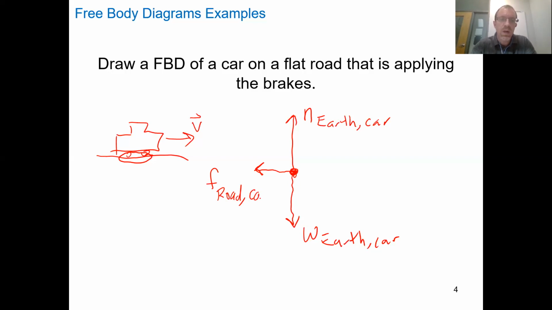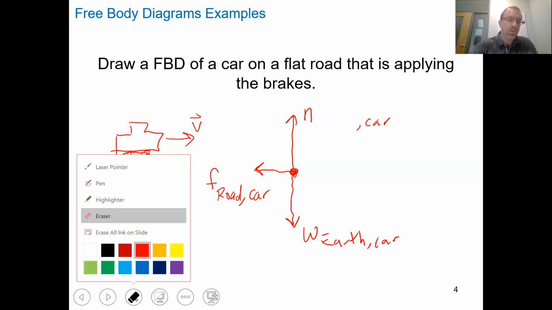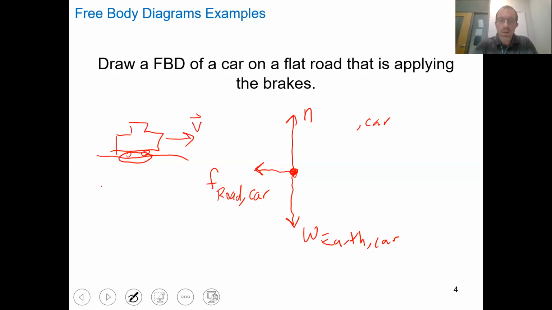By the way, if you guys are screaming at me right now because I mislabeled the normal force, yeah, you're absolutely right. It's not the earth that belongs there, it's the road. That's a contact force caused by the road acting on the car, not the earth acting on the car. All right, now I think I'm all good there.